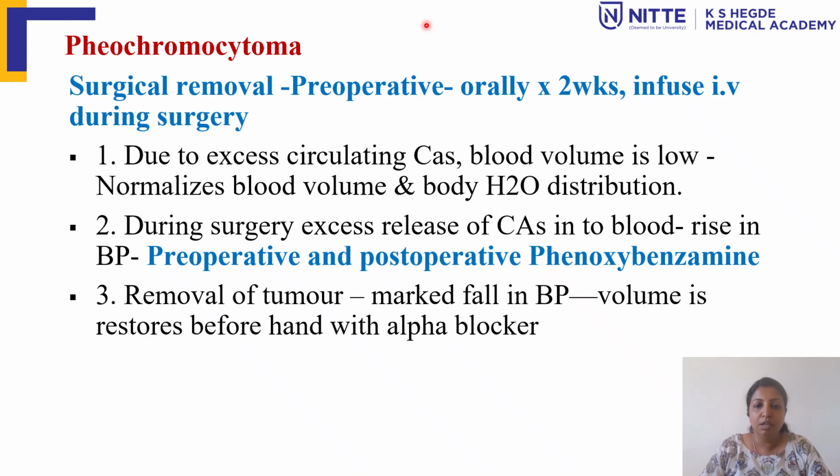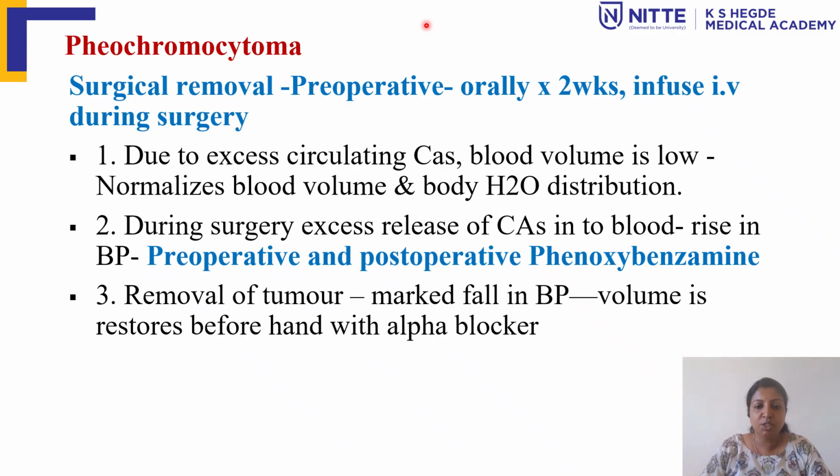Due to an excess of circulating catecholamines, blood volume is low, because catecholamines can shift the blood from the vascular compartment to the extravascular compartment. The alpha blocker can normalize the blood volume and body water distribution.